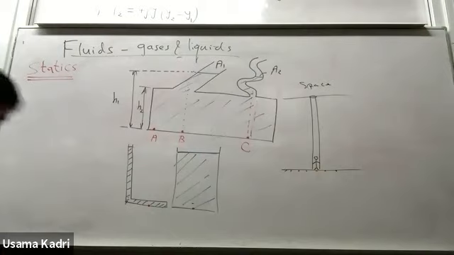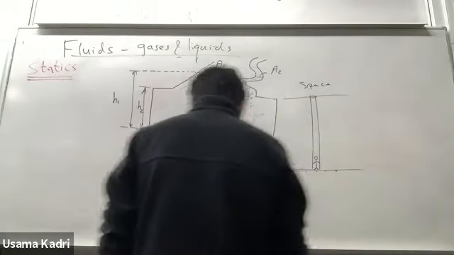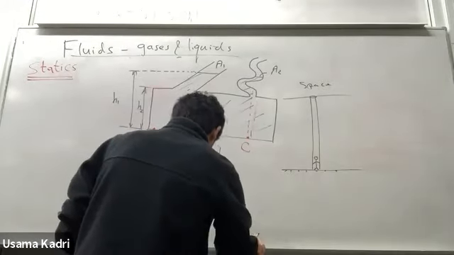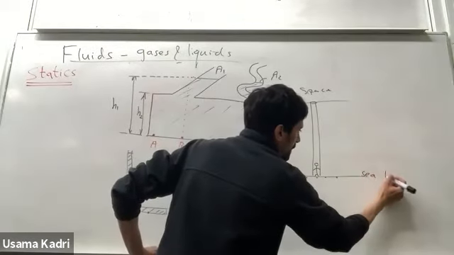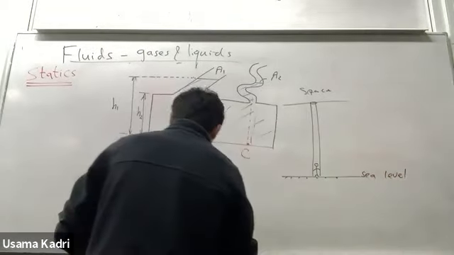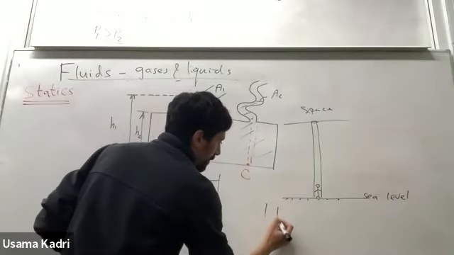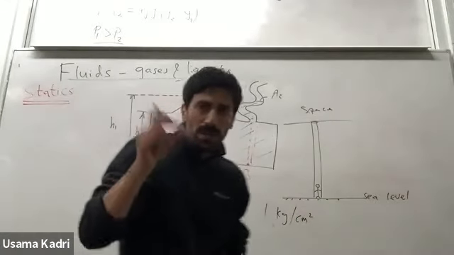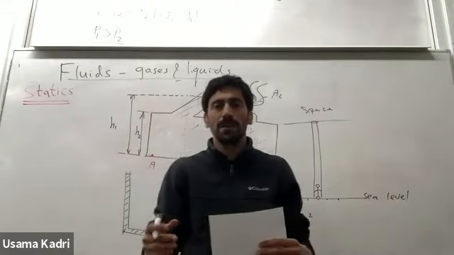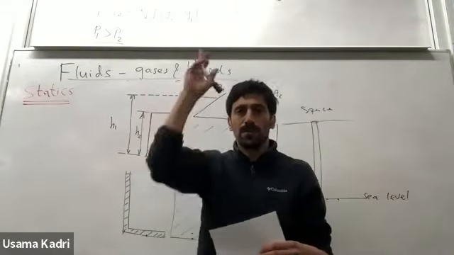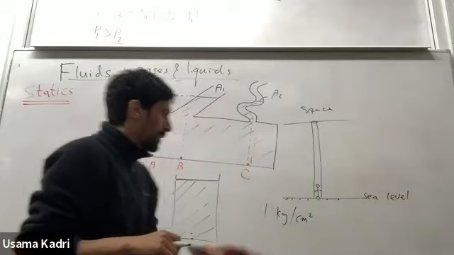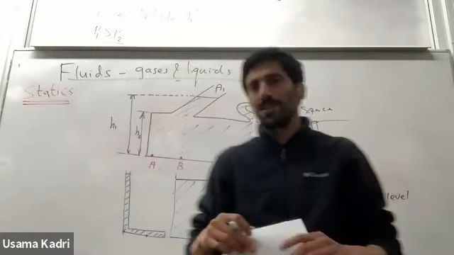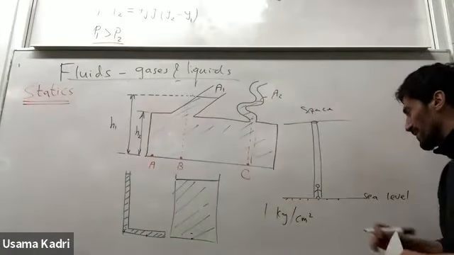The amount of air, if we take only 1 centimeter squared, this is the sea level. So you have 1 kilogram per centimeter squared. So every centimeter squared of my body, in the vertical direction, we're talking only about the normal to the vertical direction. You get the point, hopefully.